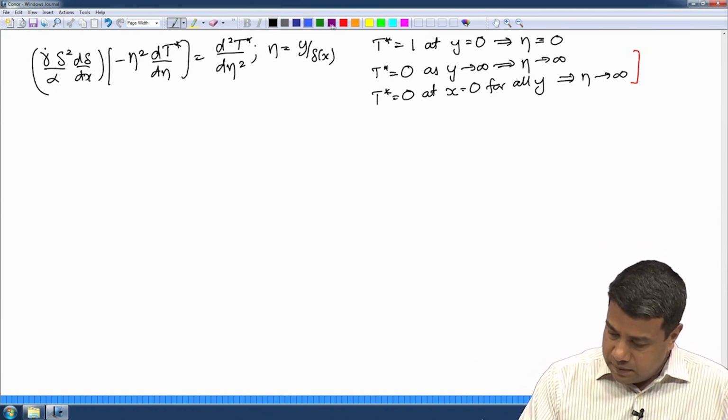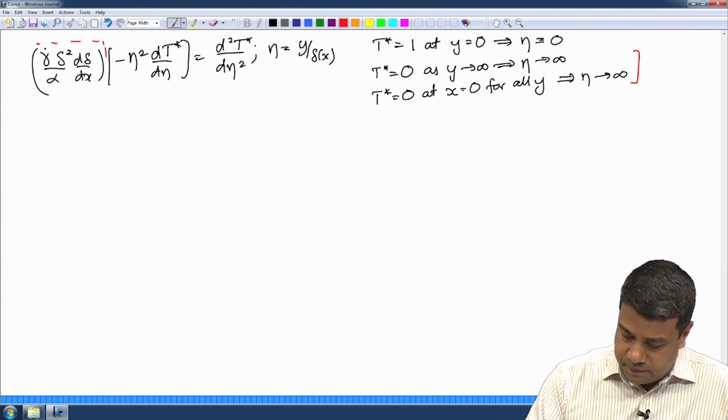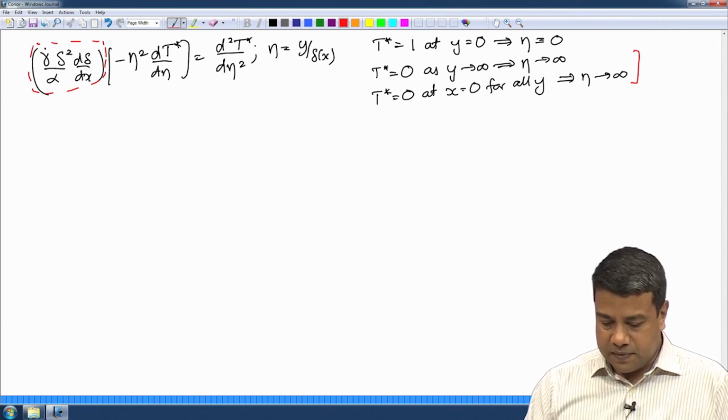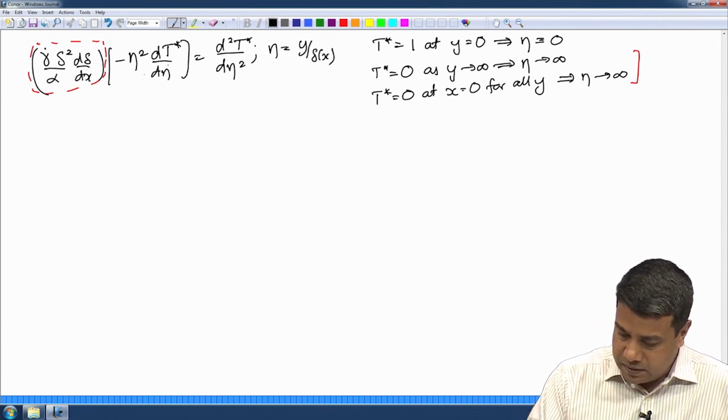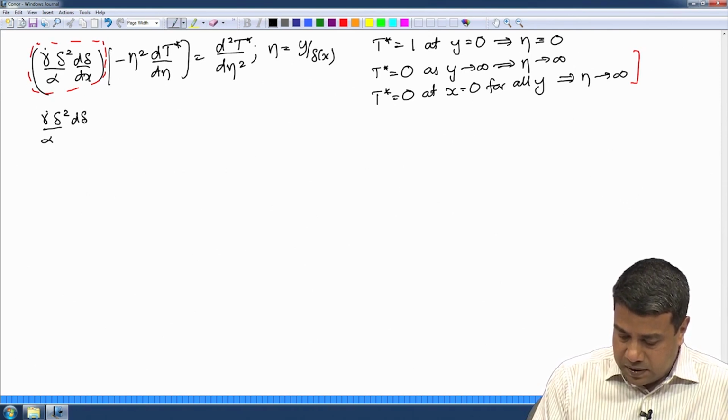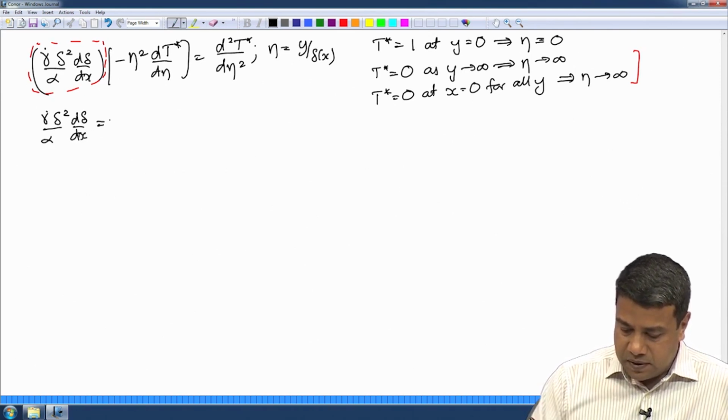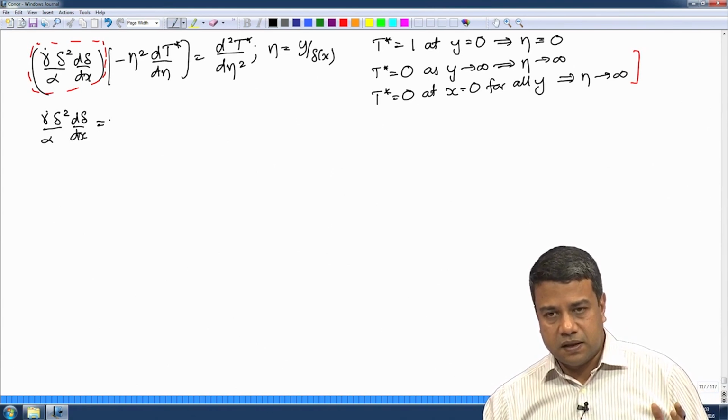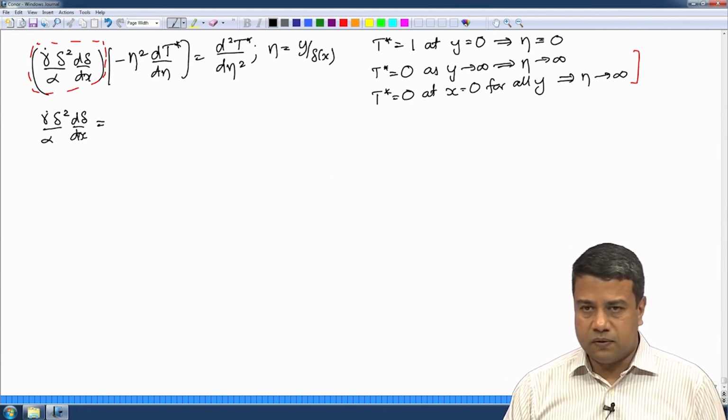Now, the first part of the solution was gamma dot delta squared by alpha d delta by dx is equal to a constant, so that the convection and diffusion continue to be of equal magnitude even in the limit of the Peclet number going to infinity.